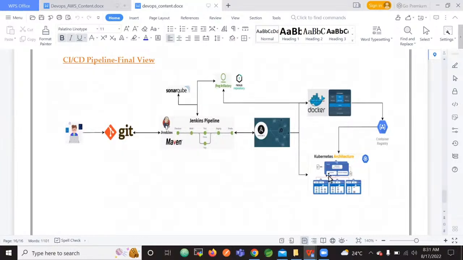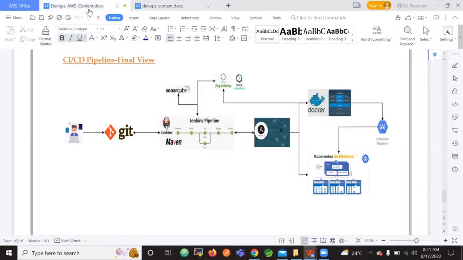Few members have Docker and Kubernetes only. And few members have Jenkins, SonarQube, Artifactory only. Like that, there is a shortage of resources who know all these things from end to end. That is called a complete skill set.